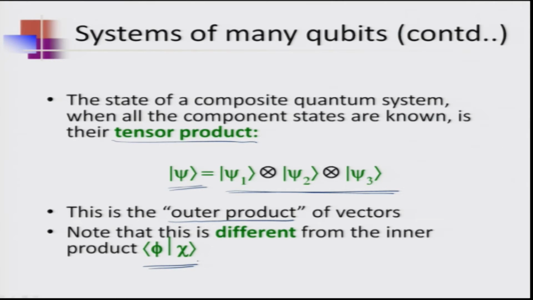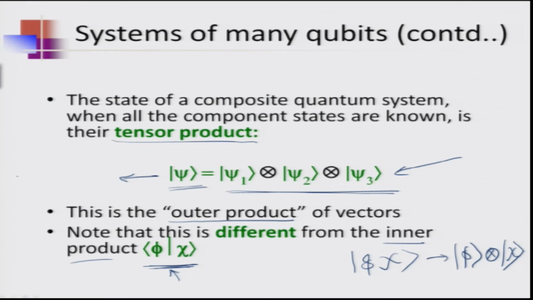For any 2 states, if I take an inner product, that is not going to be the same as the outer product. So, if I take phi and psi, for instance, and write the inner product as I have mentioned here, then the outer product will essentially be phi and psi. That is what it means. So, the tensor products are written in this way. I could also represent this as psi 1, psi 2, psi 3.